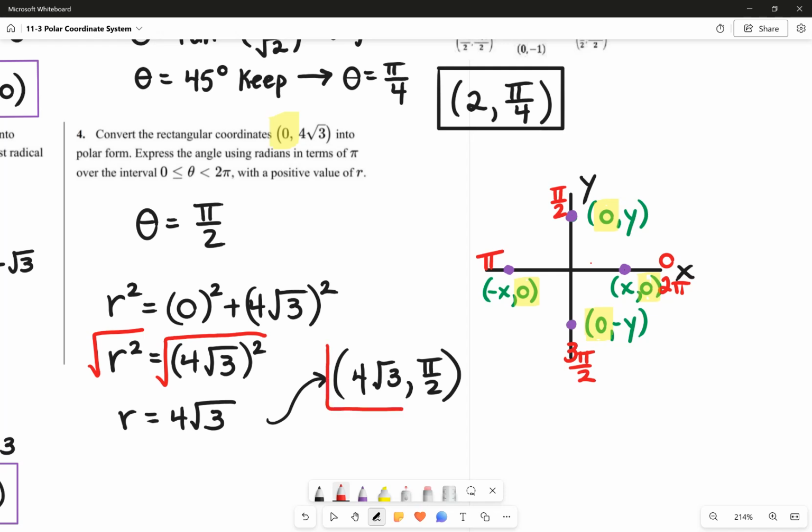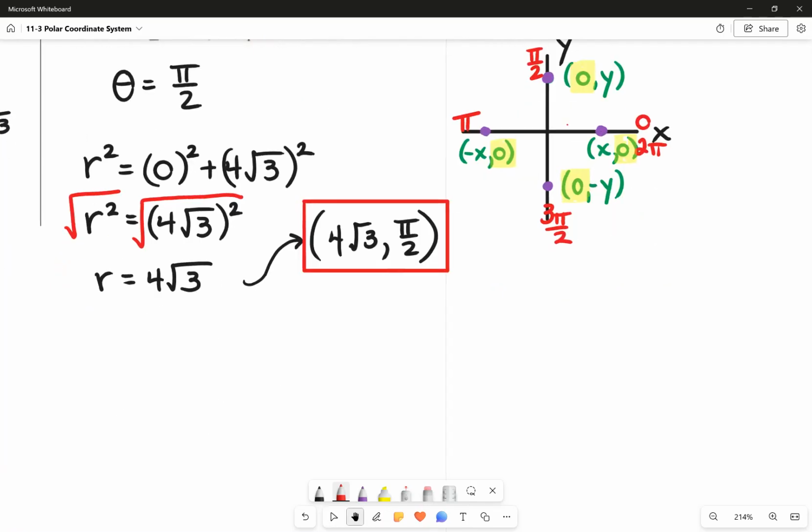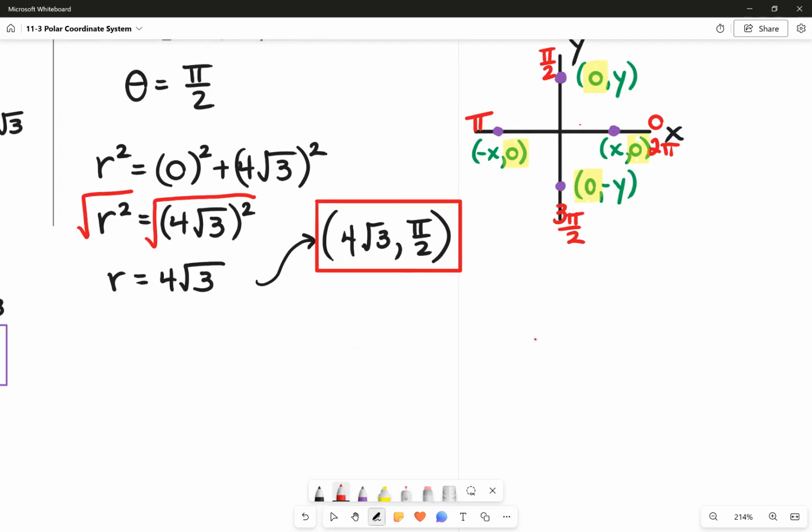And you are done. And that makes sense because if I graphed 0, comma 4 square root of 3, just for fun, I'm going to show you here. Here's my y-axis, here's my x-axis. I go to 0, comma 4 square root of 3. Let's say it's right here. There's 0, comma 4 square root of 3, right?